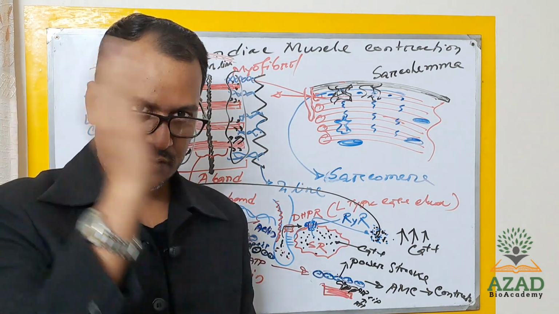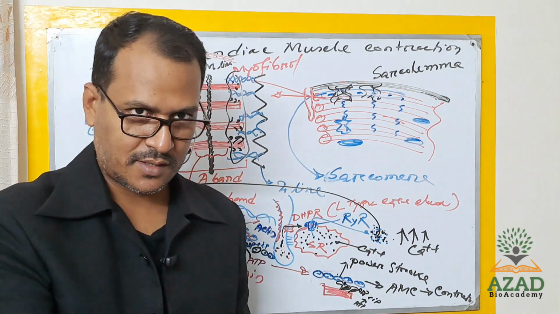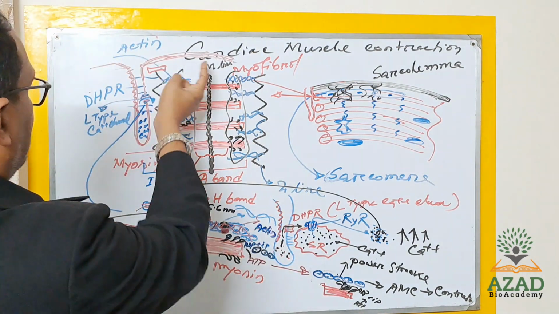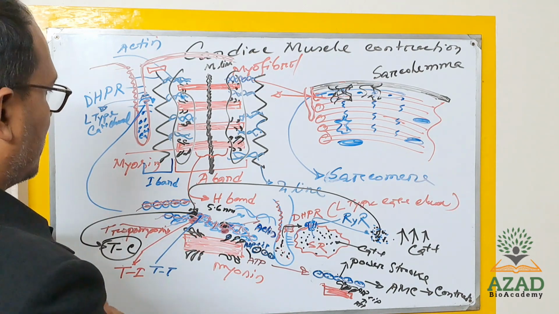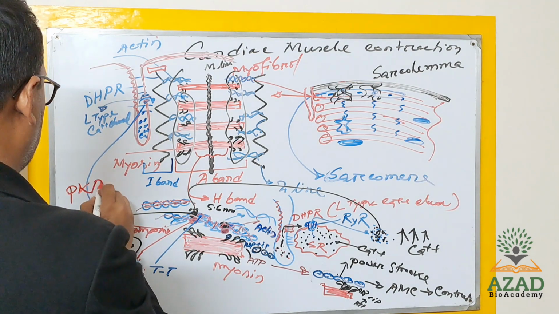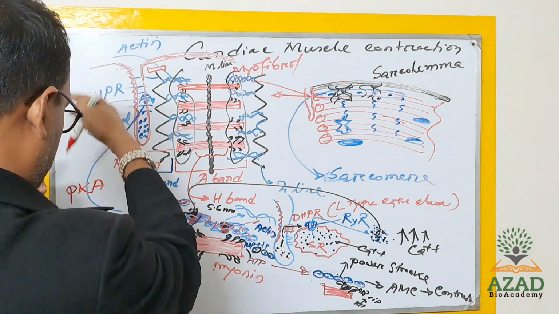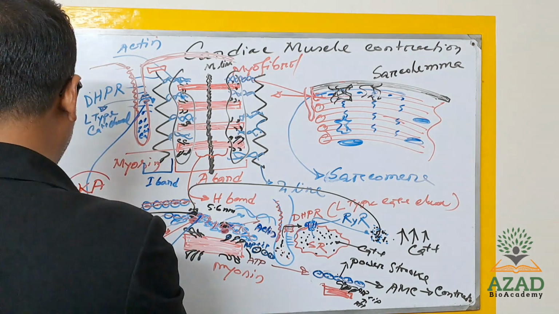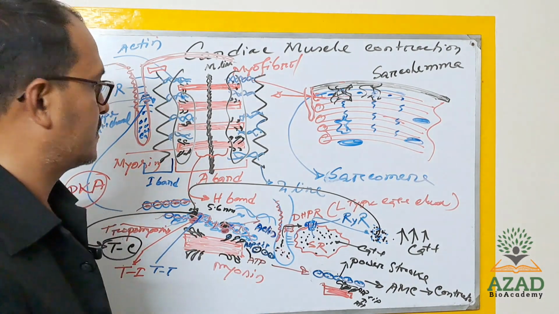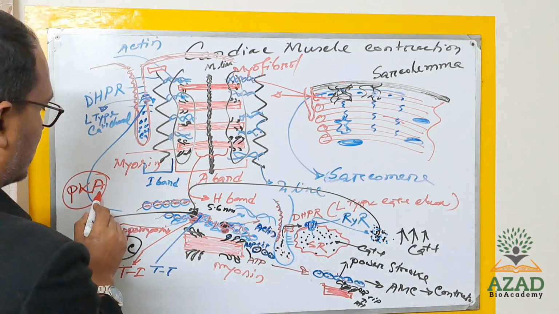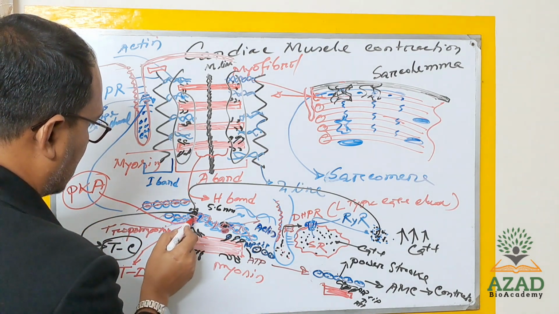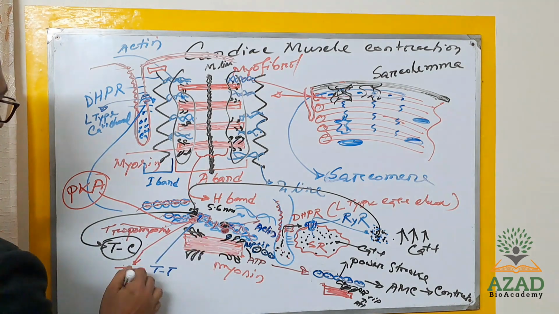So noradrenaline, the sympathetic neurotransmitter, will help you. From the membrane signaling pathway, PKA, protein kinase A, will be produced by the beta 1 receptor signaling pathway, and that PKA can also contribute to contraction. PKA can phosphorylate troponin I and remove its inhibitory function.